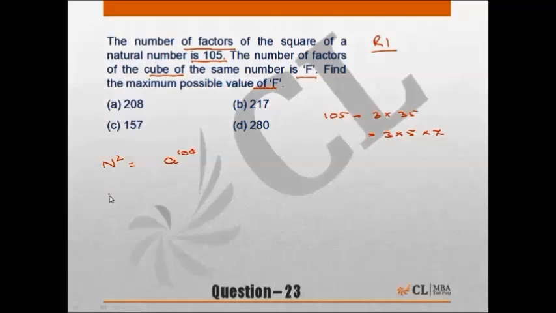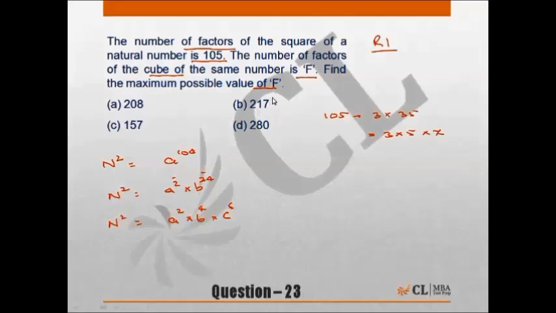So n square, the square of the number, could even be a to power 2 into b to power 34. So the number of factors will be 2 plus 1 multiplied with 34 plus 1, which will be 105. Similarly, n square could also be written as a square into b to power 4 into c to power 6. So this is the value of n square.